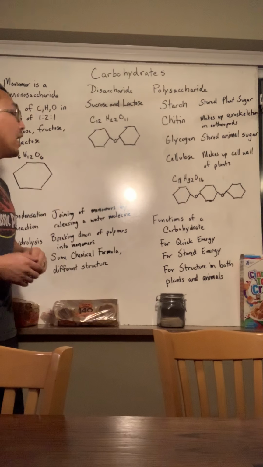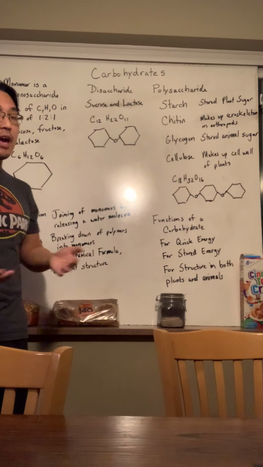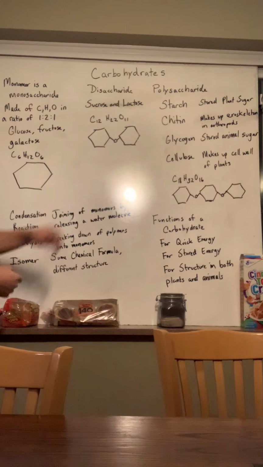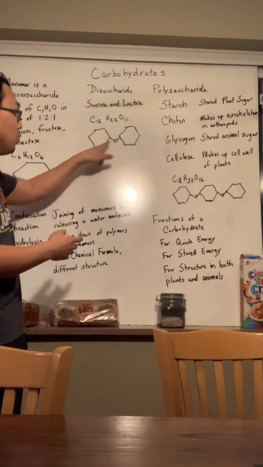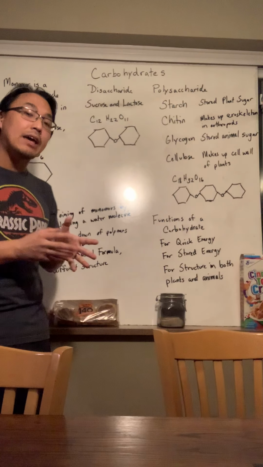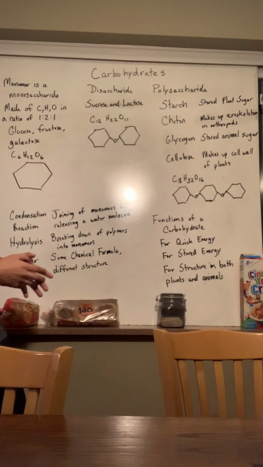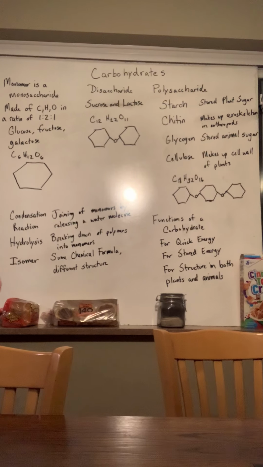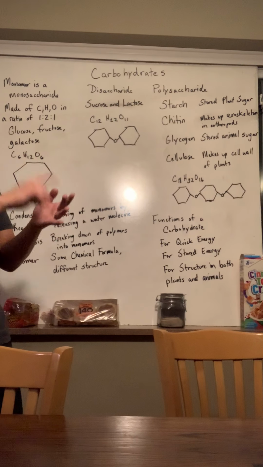And the reason why is because it's missing a water molecule. So that if we're putting these two monosaccharides together, every time that we put together those monosaccharides, we lose a water molecule. So it throws the balance of the 1 to 2 to 1 off in terms of the number of carbon, hydrogen, and oxygen.